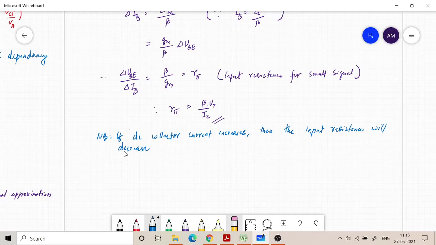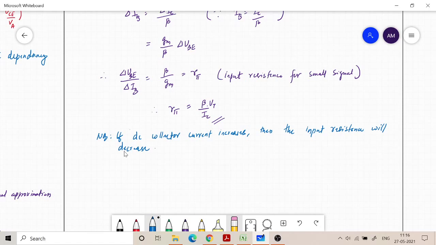So this may have some adverse effect on the amplifier, because when we discussed the models of the transconductance amplifier, one thing which we have said is that the input resistance should be very high. But when we try to improve the amplification factor here, the BJT will have a reduction in the input resistance.